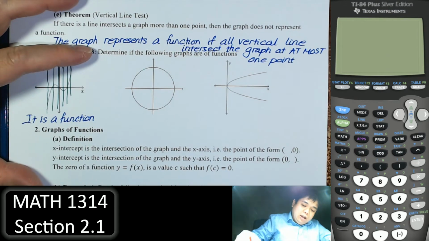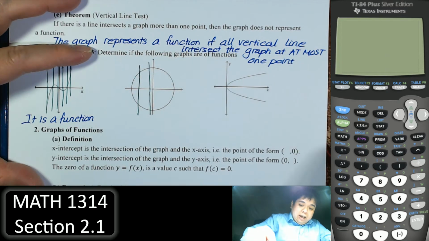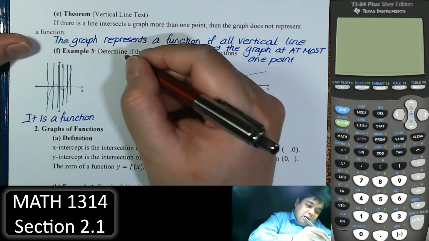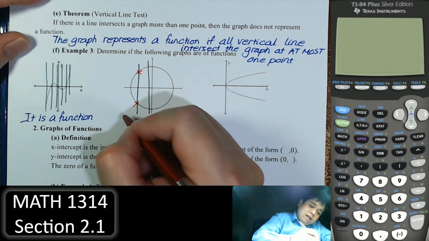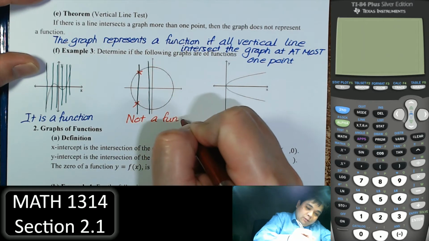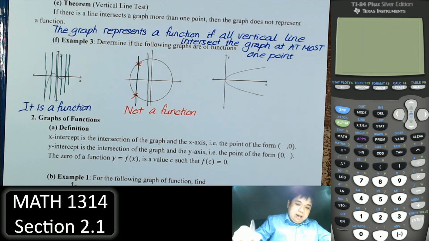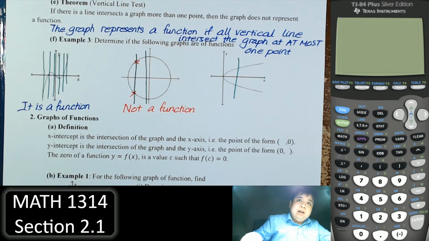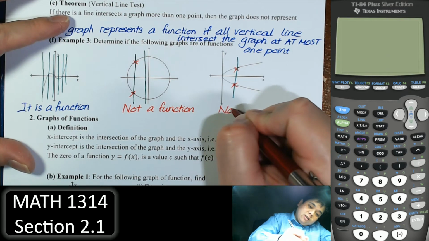We'll do the same thing: if we draw a vertical line and the line cuts the graph at more than 1 point, in that case, it is not a function. And same thing here, that's a vertical line, and this is also not a function.